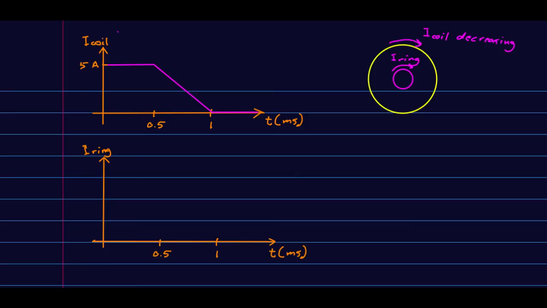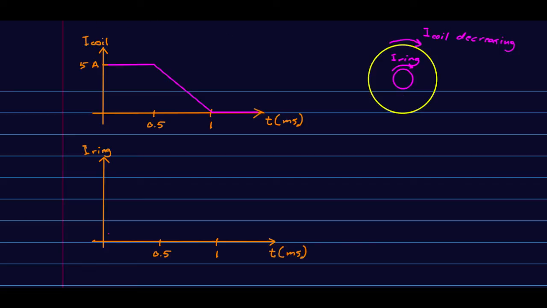Let's just quickly graph that, because I find students often forget when current is induced. So we've already discussed I set clockwise as positive, and our current in the coil was like so, and we want the current in the ring, and we know it came out to 10 amps, and it's also clockwise.